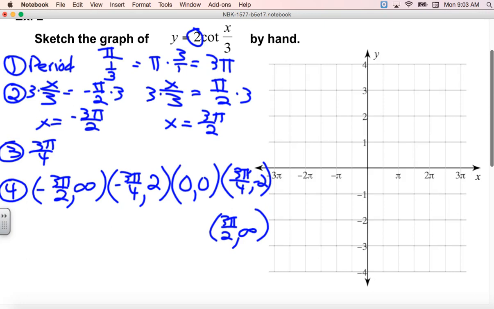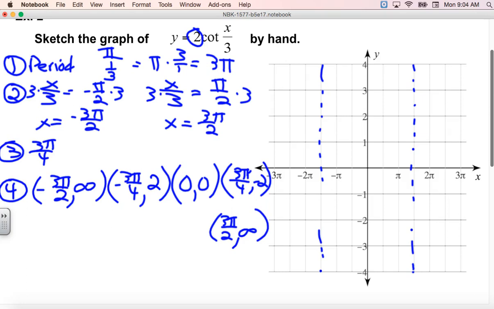So now we can graph those, negative 3 pi over 2. So negative 3/2 will be right here. And then positive 3/2 will be right here. So there's our asymptotes, and then negative 3/4. So 3/4 is, this is about half pi right here. So we've got to go over halfway from there to pi.